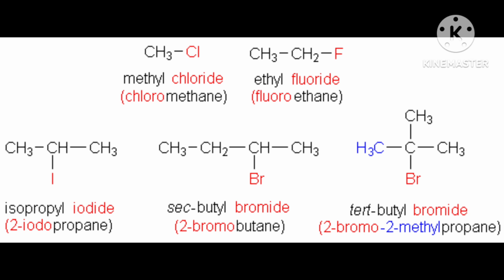Listen carefully: constant boiling with HBr, HBr should be 48%, is used for preparing alkyl bromide. And good yields of RI, ethyl iodide, may be obtained by heating alcohols with sodium or potassium iodide in 95% phosphoric acid.